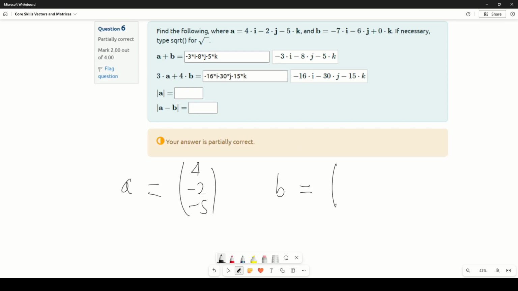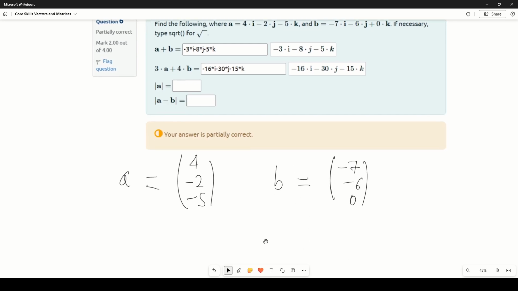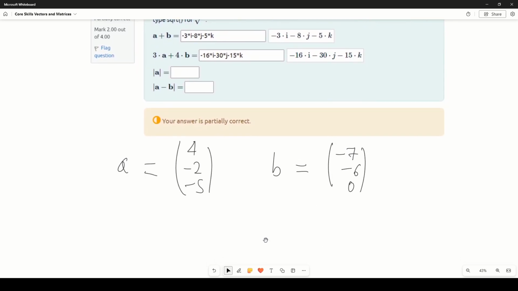So now what you're gonna do is, as Rabi is doing here, he's just writing down the coefficients to make our lives easier. Now for our first operation, a plus b. You guys remember how we multiplied the like terms, the like coefficients? We're gonna do the exact same thing for addition as well. We're gonna add the like terms.